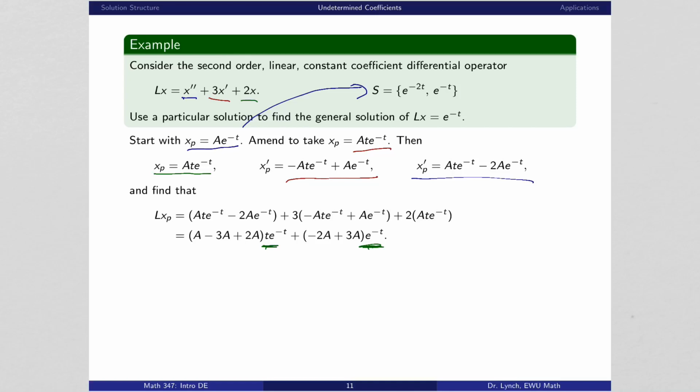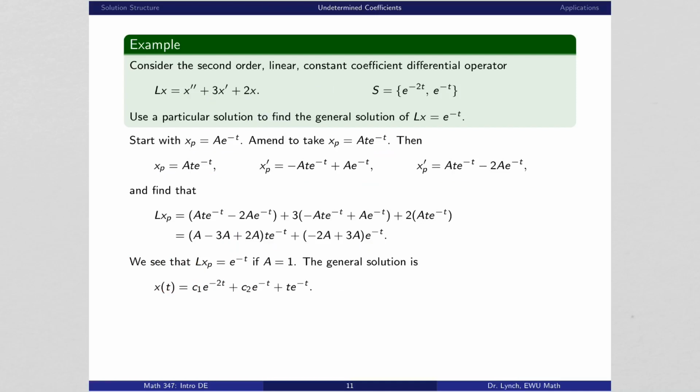And lo and behold, the stuff multiplying t e to the minus t ends up being 0, whereas the stuff multiplying e to the minus t ends up just being, in this case, a. So plugging in our amended guess, we end up with something of the form Lxp equals a e to the minus t. Here it's quick to see how we need to choose a. All we need to do is choose a to be 1, and that will be the particular solution.